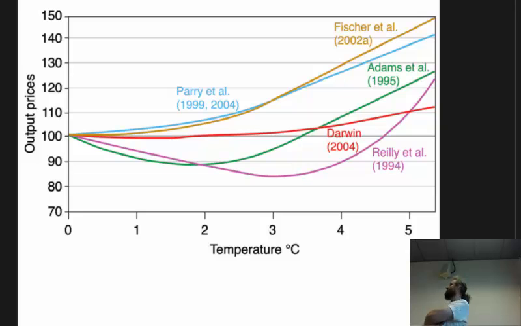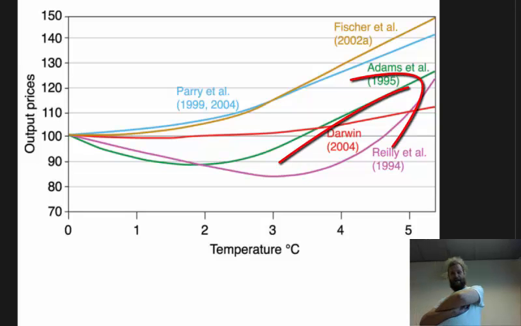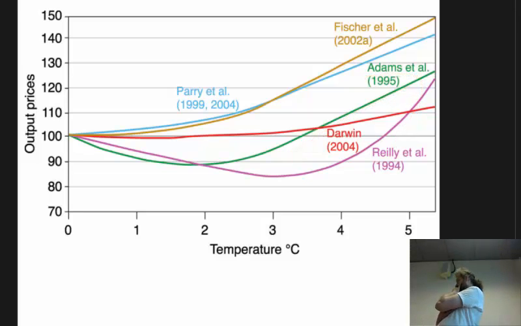And what you see is that initially, at least in 3 of the 5 studies, the price of food goes down, which must mean that the supply of food has gone up. And then later on, it's the other way around, prices go up, so supply must come down. And then there's 2 studies that say that things are always bad.